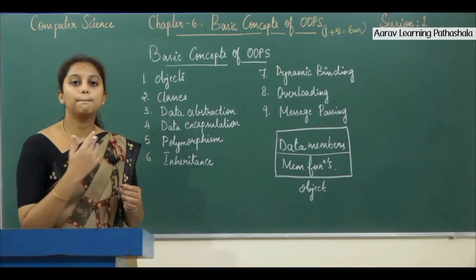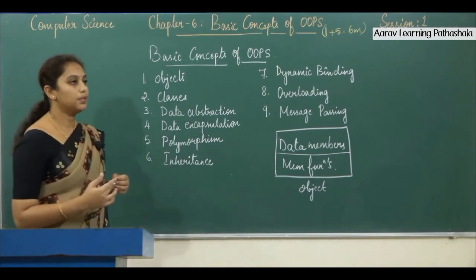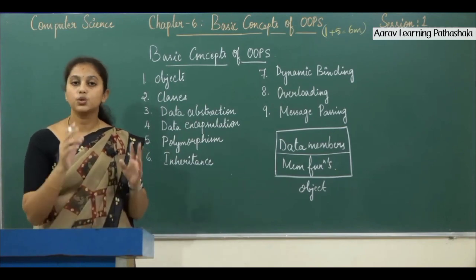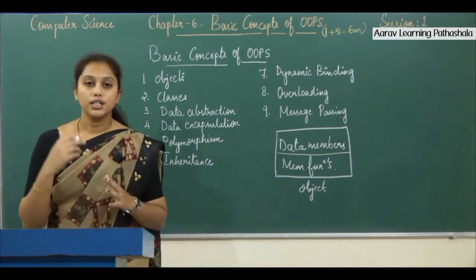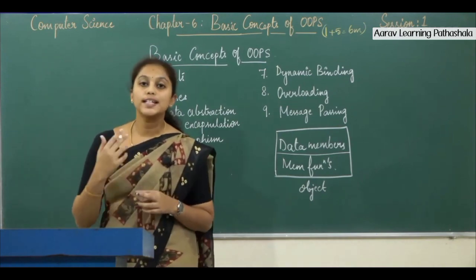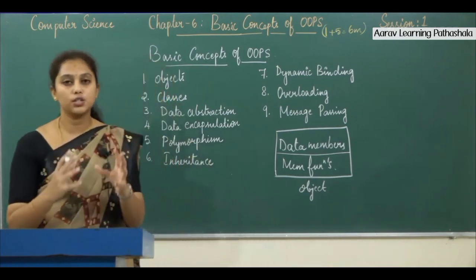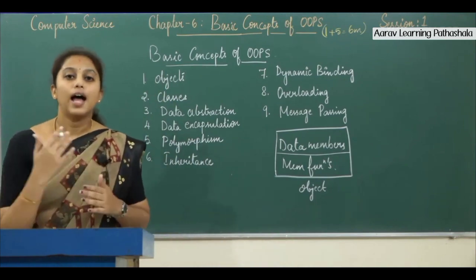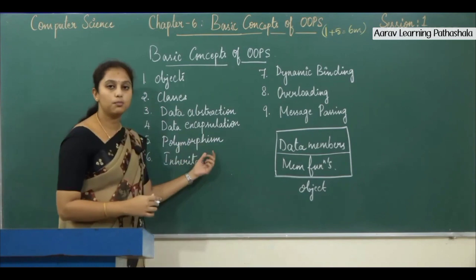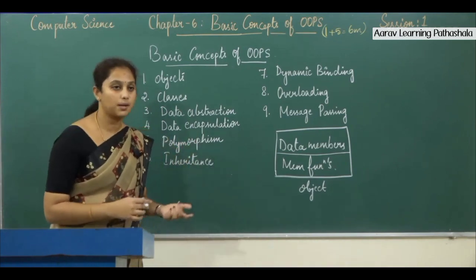Polymorphism means taking many forms. For example, addition: we can use the addition function to add two integer numbers, or to add two floating point numbers, or to concatenate two strings. So based upon the situation, it is going to add accordingly. Hence that is called polymorphism, that is taking many forms.